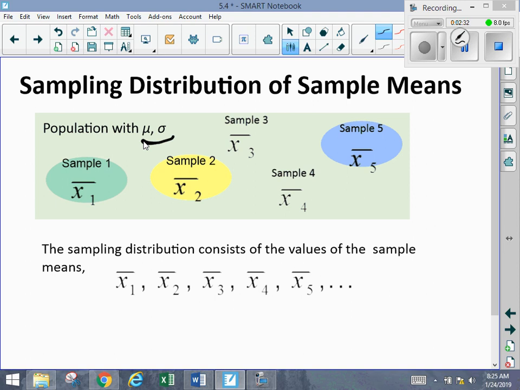And then I calculate the mean of those 10. There's sample mean number 1. I go to another class, and I randomly select 10 students, and ask how many hours they study a night. I find the mean number of hours. There is sample mean number 2. And when I repeat it, I get a sampling distribution of the sample means. So I'll have a distribution of means there, and I could make a histogram of it. We do a bunch of stuff with that data.